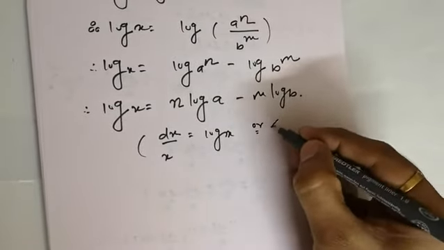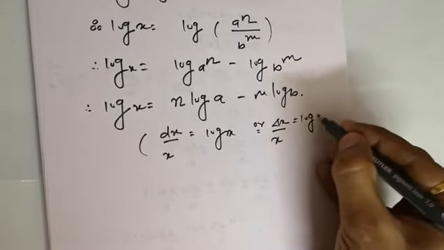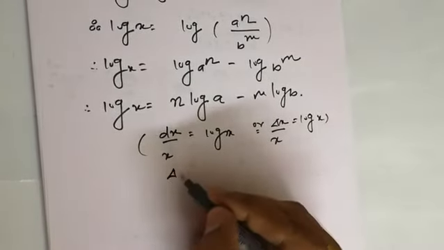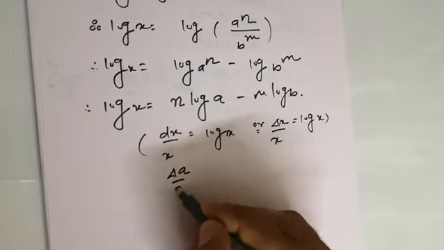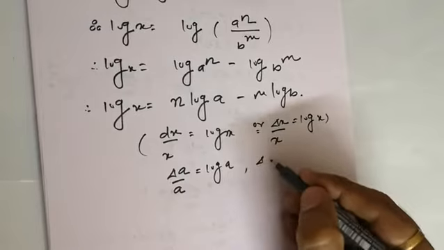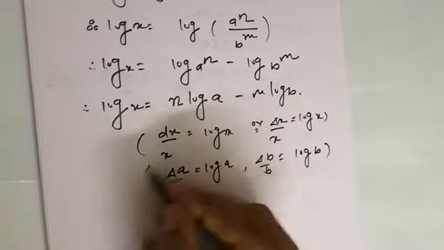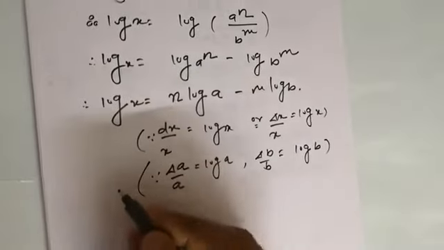Same is the case: instead of dx you can place delta x by x, which is called d log x. Delta a upon a is called d log a, and delta b by b is called d log b. So we are putting these values.